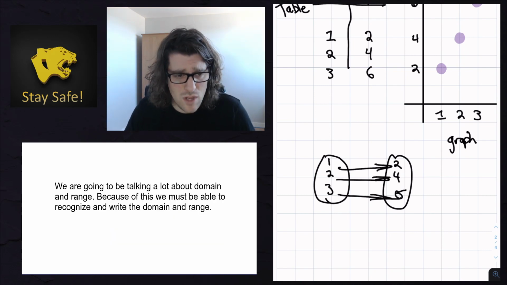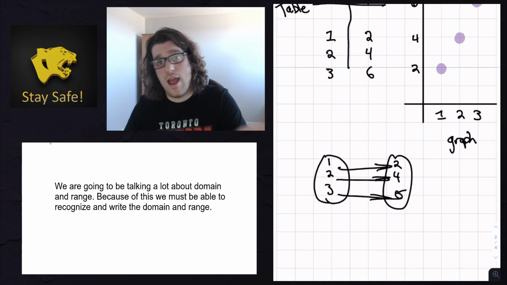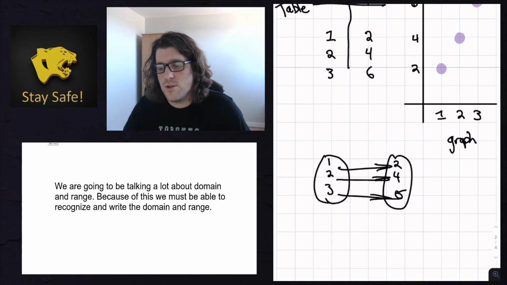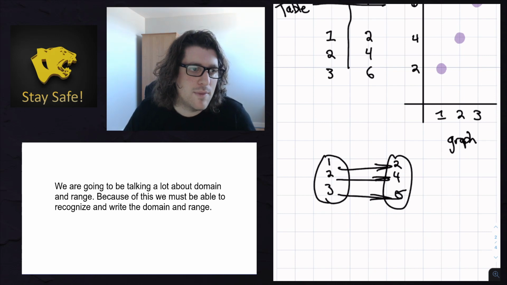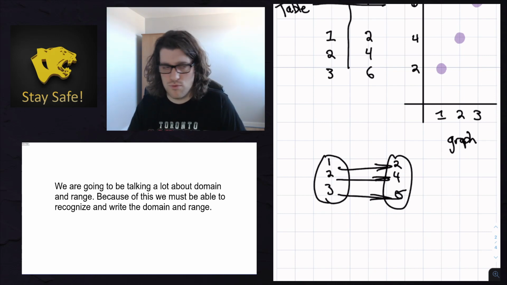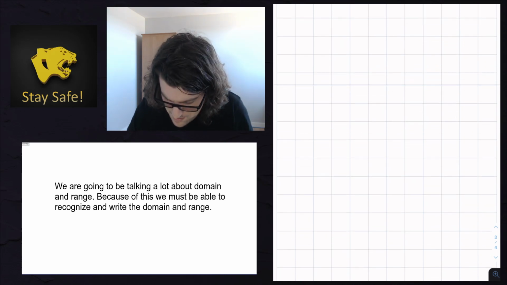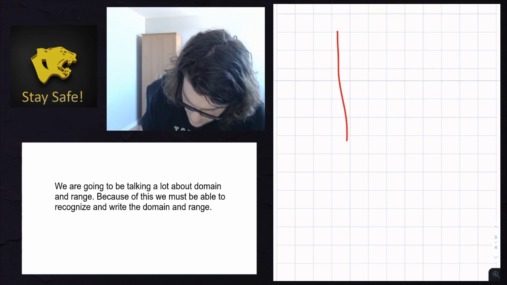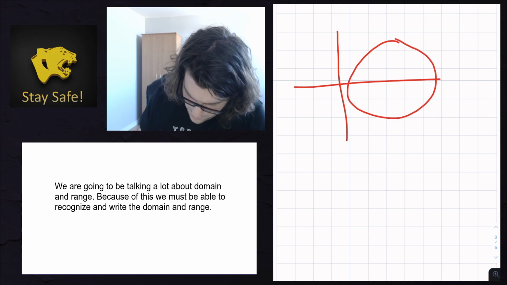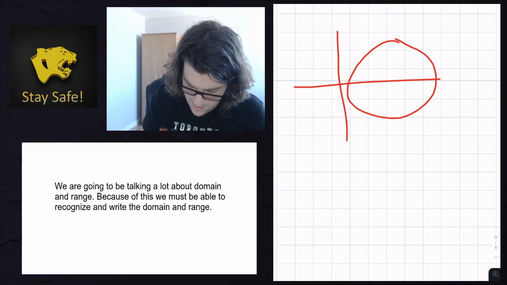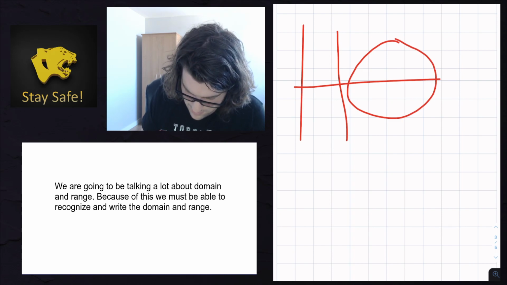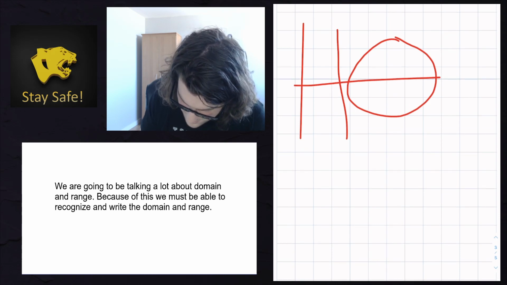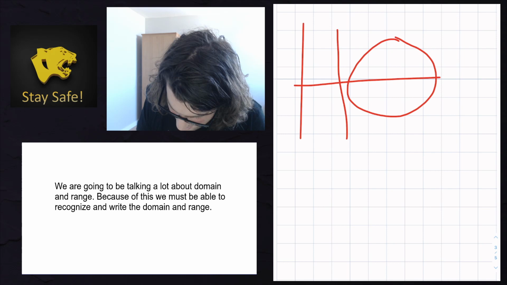I actually went ahead and talked a little bit about domain and range before we got to that, so I'm going to cut that for now, except for a few little diagrams of things that we're going to do the vertical line test on. So I have my vertical line, and I'm going to take that vertical line. Oh, is it going to let me? No, it's not going to let me select that.